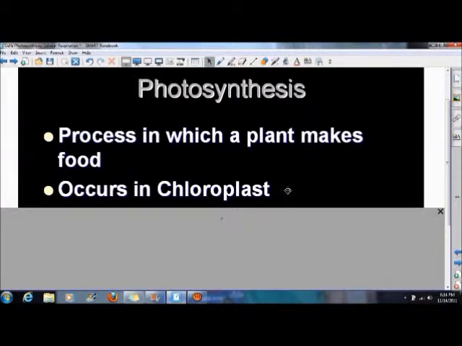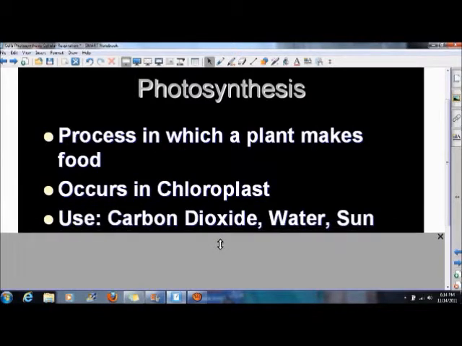Remember, plants have an additional part that animal cells do not, called the chloroplast, and that's where this happens. So photosynthesis occurs in the chloroplast. The chloroplast is also the structure that contains chlorophyll, which is what gives plants their green color. During photosynthesis, plants use carbon dioxide, water, and energy from the sun. They need those three things.